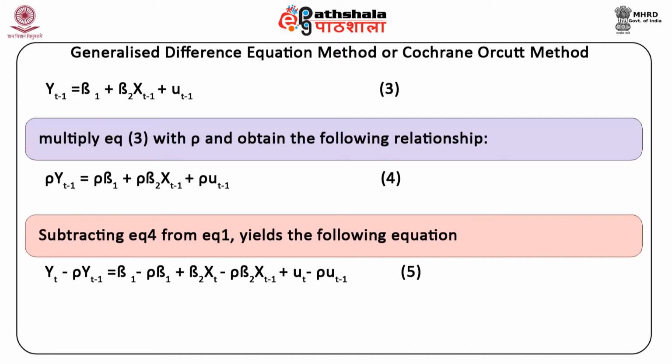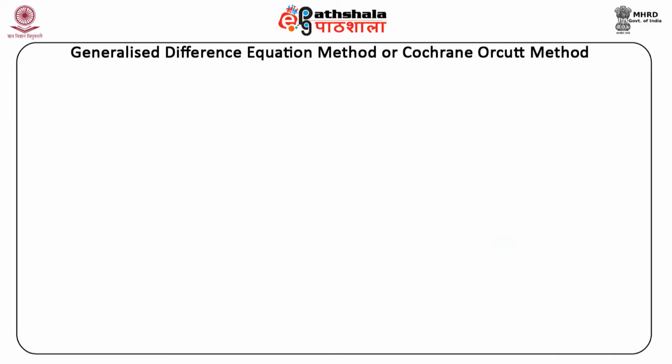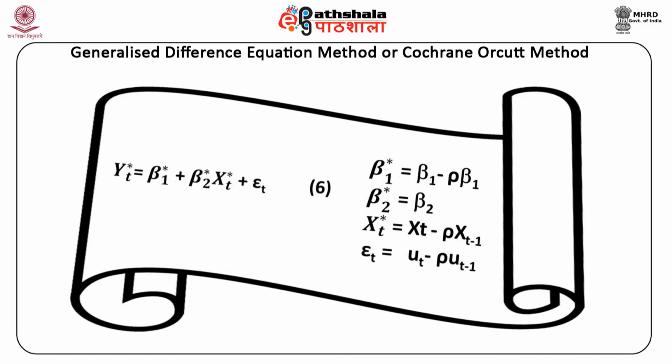Let's define this as equation 5. This equation 5 can be written as yt star is equal to beta 1 star plus beta 2 star into xt star plus epsilon t, and define it as equation 6.